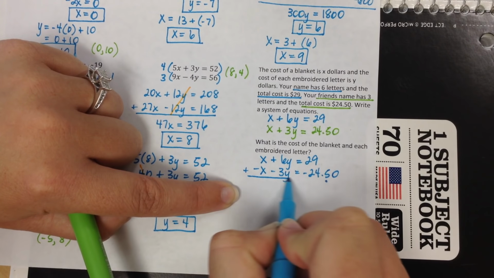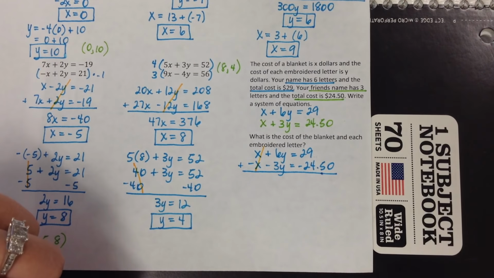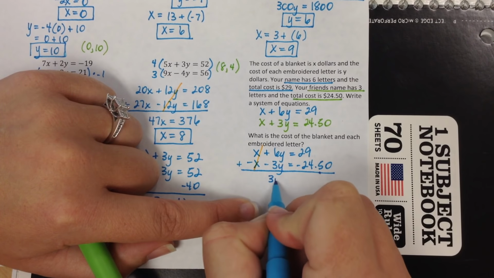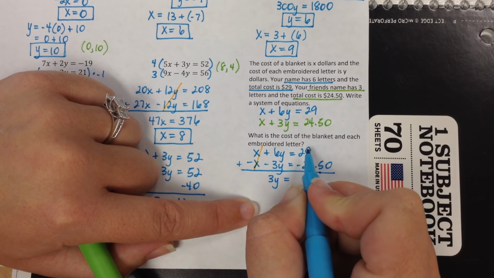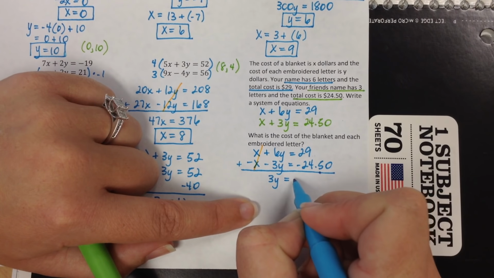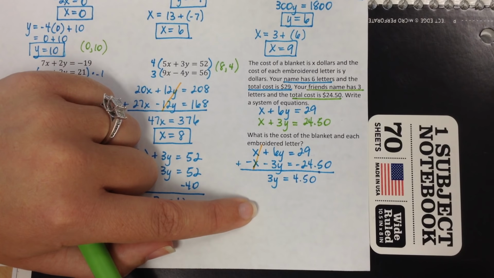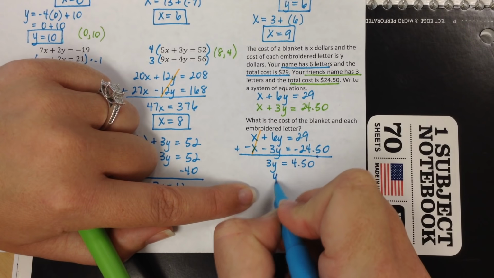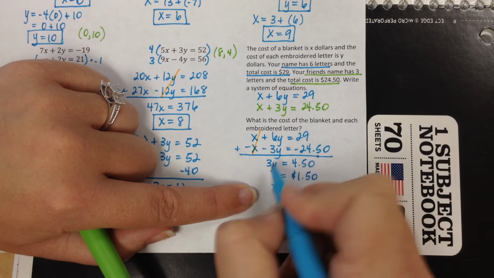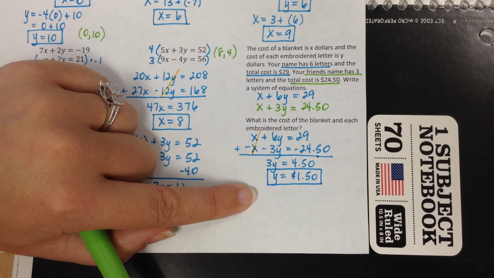Adding these guys together, your x's cancel. 6y minus 3y is 3y. 29 minus 24.50 is 4.50. Divide both sides by 3. Y equals $1.50. The cost of each embroidered letter is $1.50.